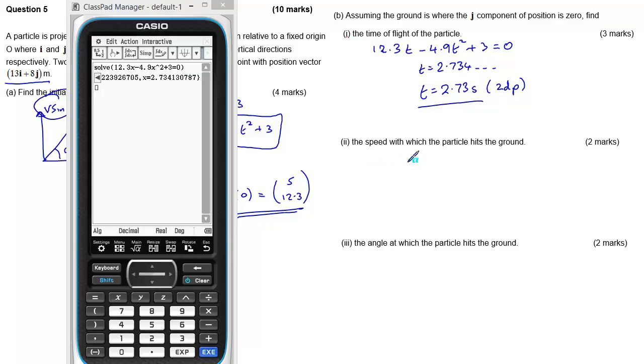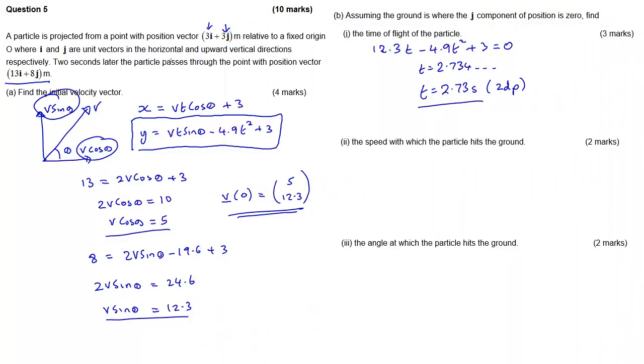We now want the speed with which the particle hits the ground. Now, our velocity vector will be got by differentiating this with respect to t. So v cos theta, which of course we know is 5.